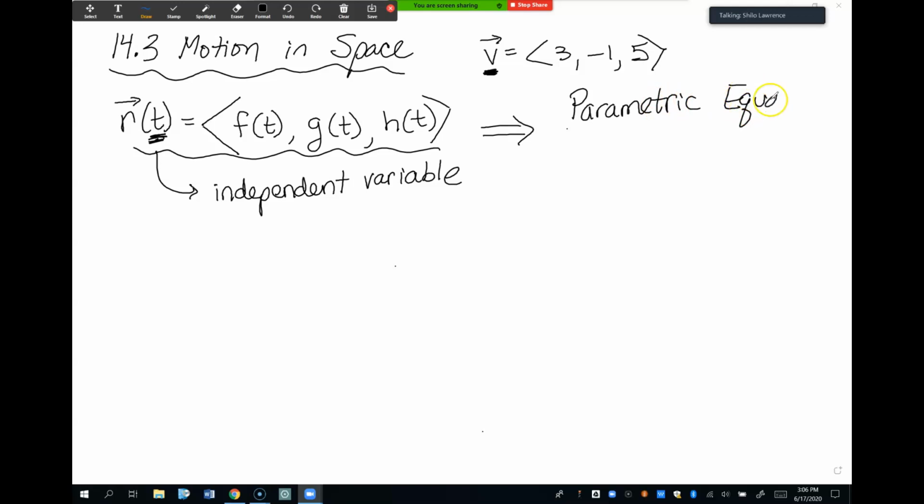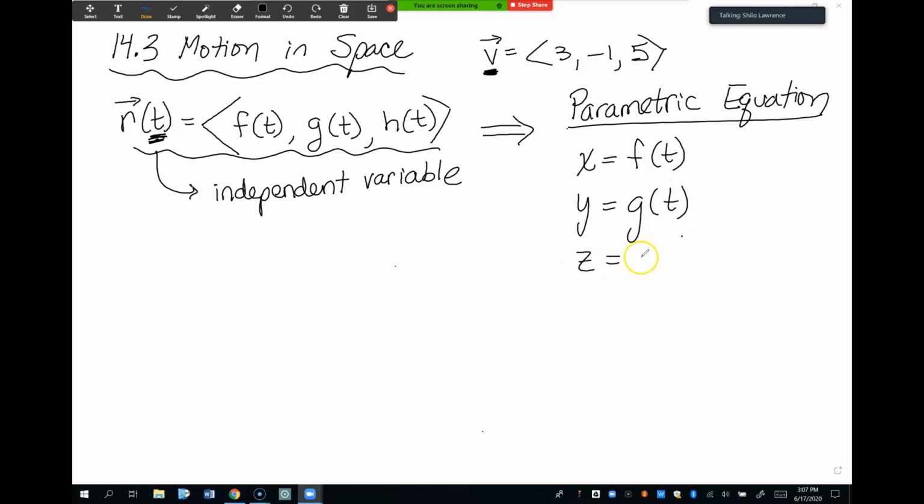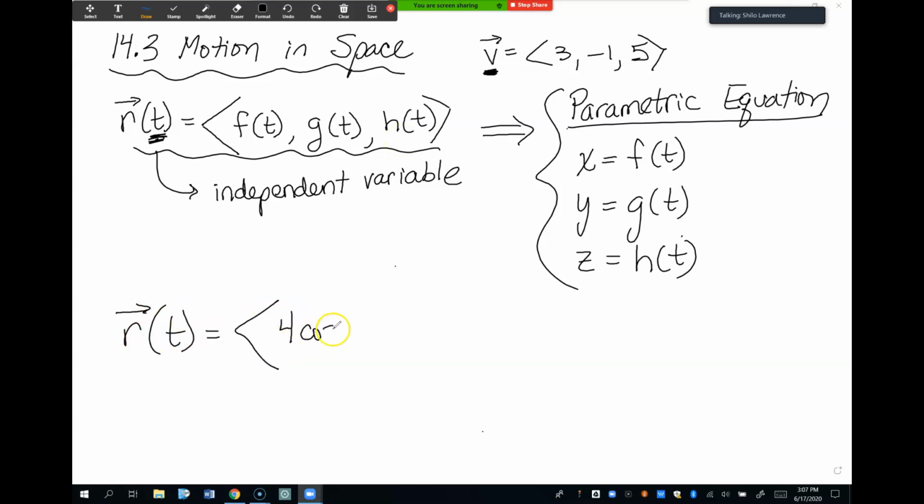And you can always flip-flop back and forth between vector format and parametric equation format depending on which one makes more sense and depending on what kind of problem you're doing. So this is technically telling me mathematically the exact same thing. My x value is dictated by f of t, y value is g of t, z value is h of t.